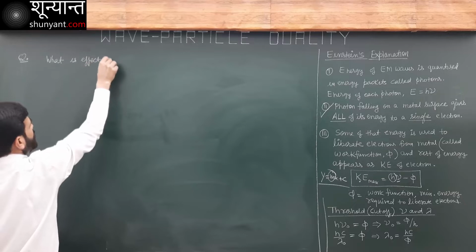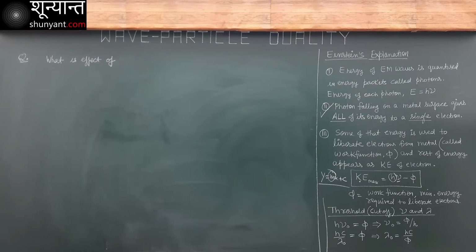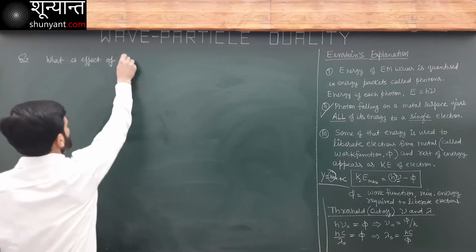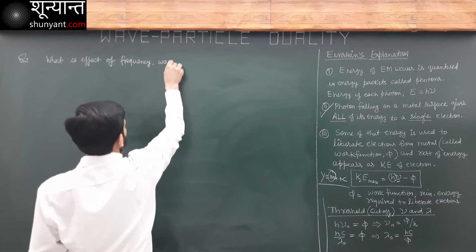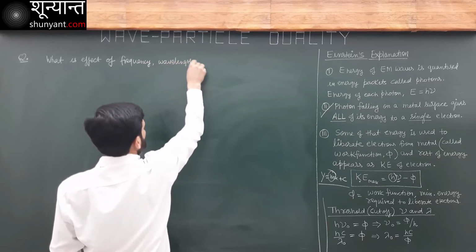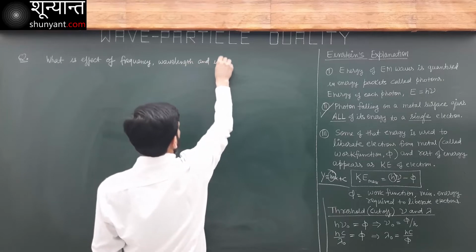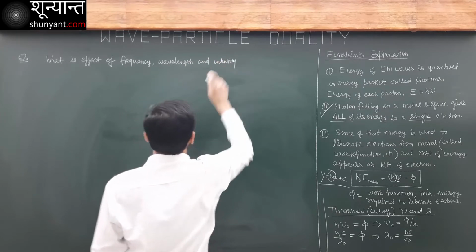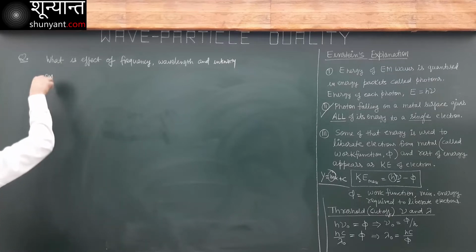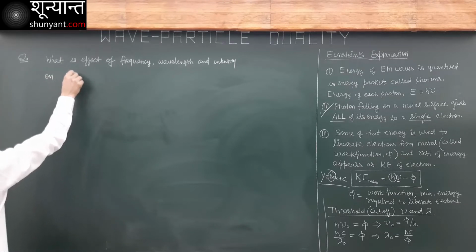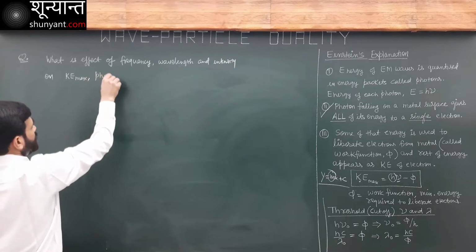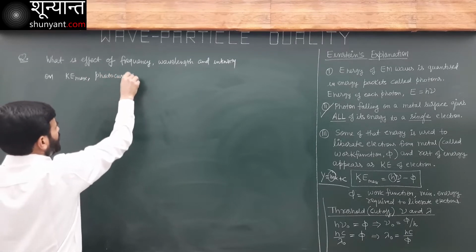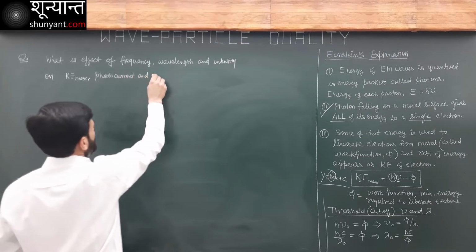What is the effect of frequency, wavelength and intensity on kinetic energy maximum, photo current and stopping potential?